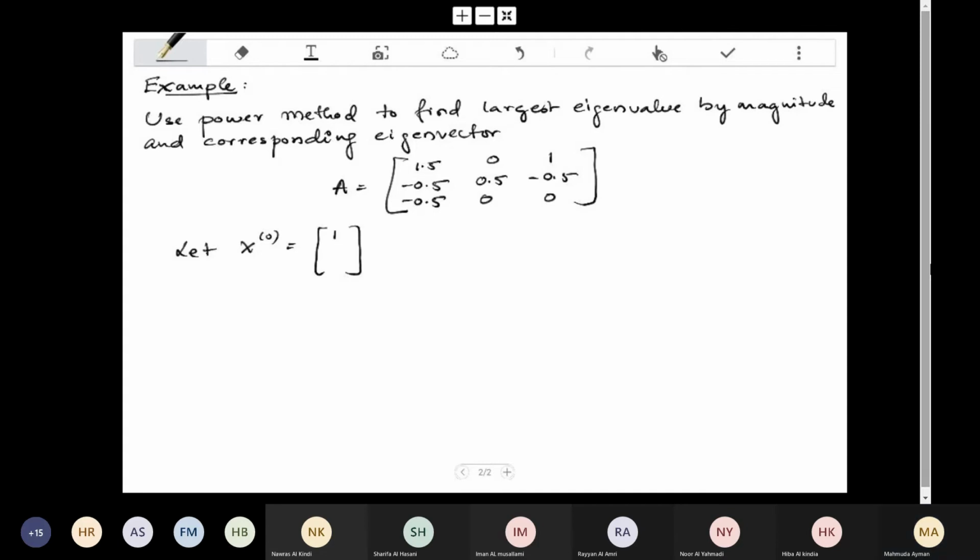I'm taking here an initial guess of a vector where all are ones, but let's say this is the element that will keep being 1 all the time. This is our element for unity, and we'll keep it 1 always.